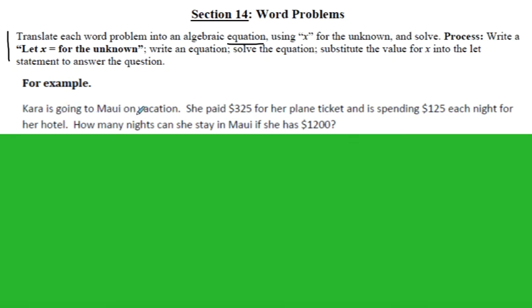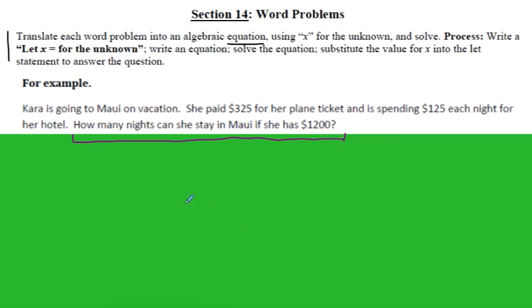Kara is going on Maui on vacation. Wow, she's lucky. She paid $325 for her plane ticket and is spending $125 each night for her hotel. How many nights can she stay in Maui if she has $1,200? So the actual question being asked is how many nights can she stay in Maui?